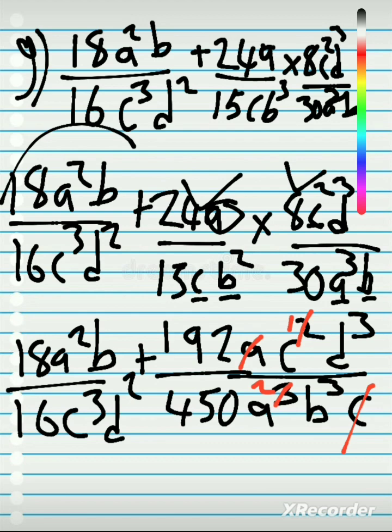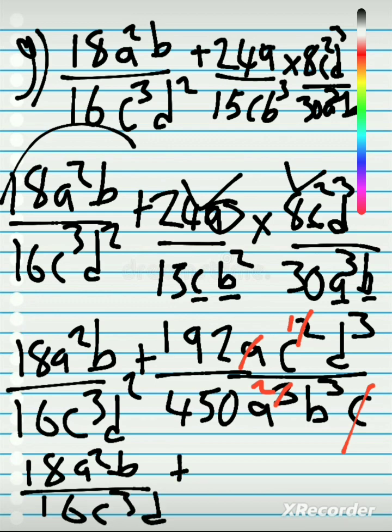So when you change it to a fraction, you're going to get 32 over 75. So this is going to be 18a power 2b over 16c power 3 d power 2 plus, and here 192 over 450 reduces to 32 over 75.